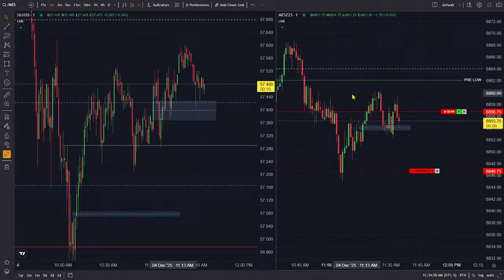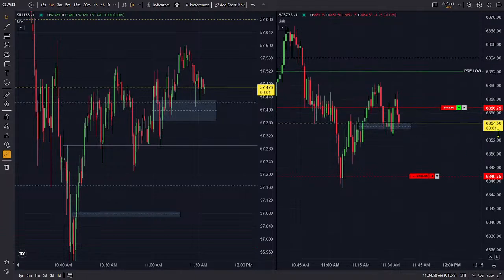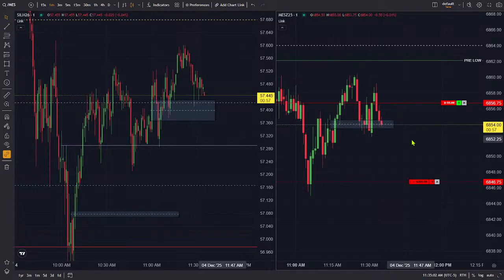These just look pretty juicy. Gonna have to go. Do not make a new low there. If it makes a new low there, I gotta kill it.